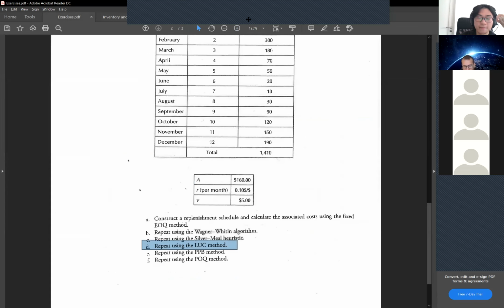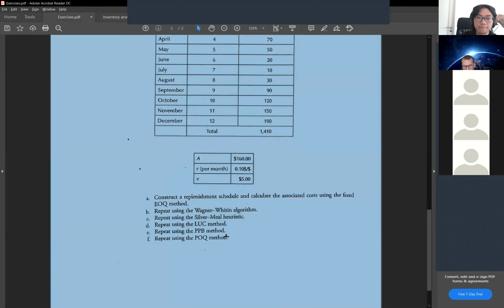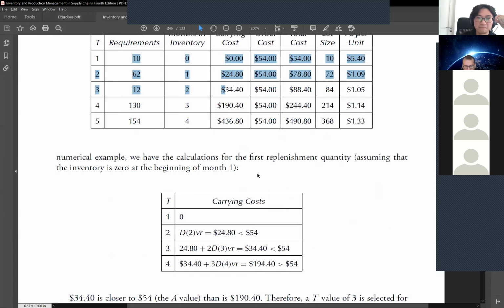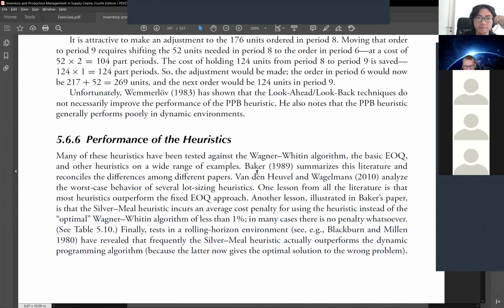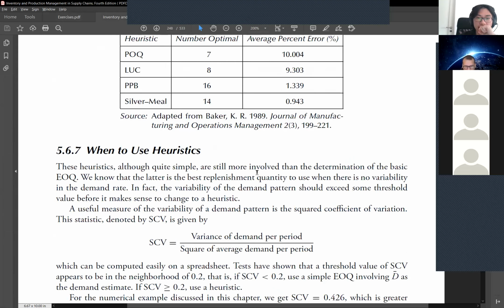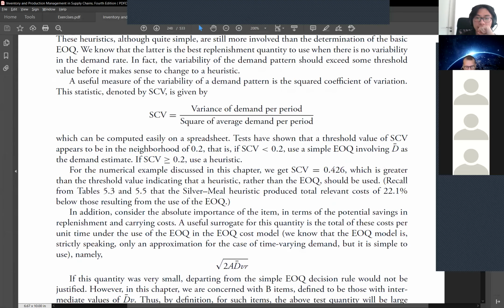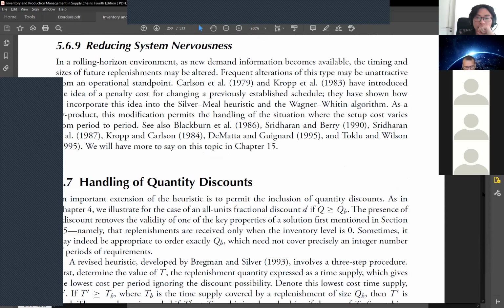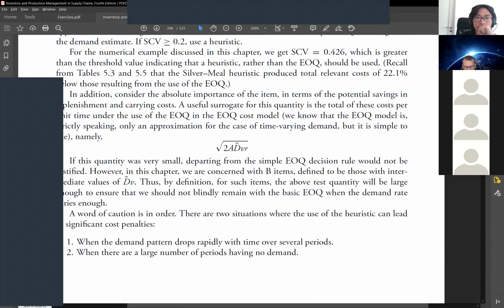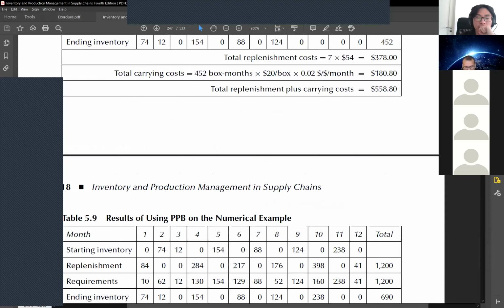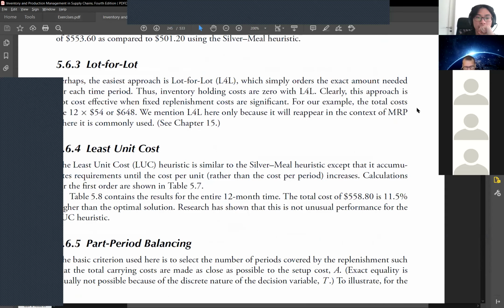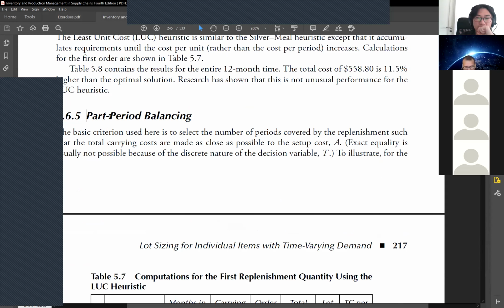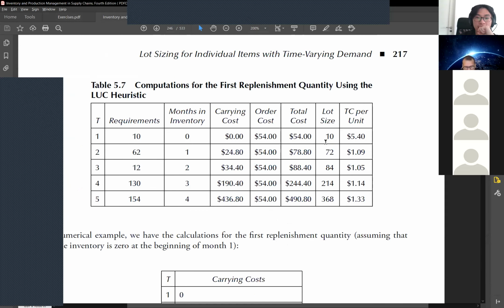And using the PPB, which is explained here, part period balancing.